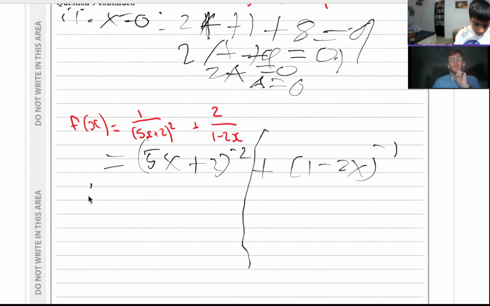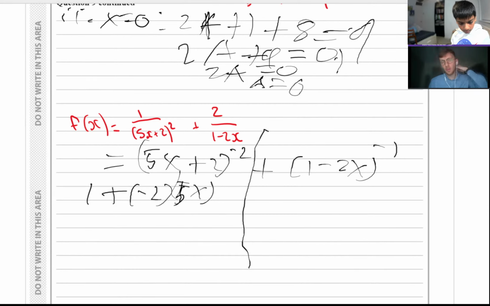It's 1 plus, then 1 plus, and then the power times x, and by the x term. Okay, so this is one of the formulas in the formula book, so you can always refer to that.